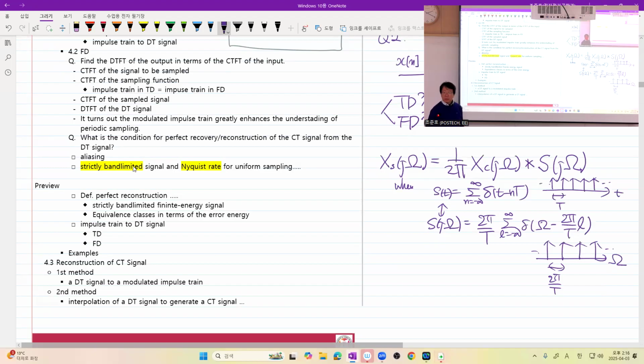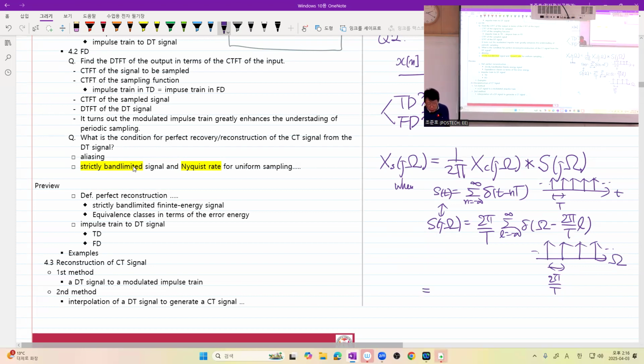Got it? So if your sampling function has a very short period, then these delta functions have wider and wider spacing because they are reciprocals inside the arguments of the delta function.